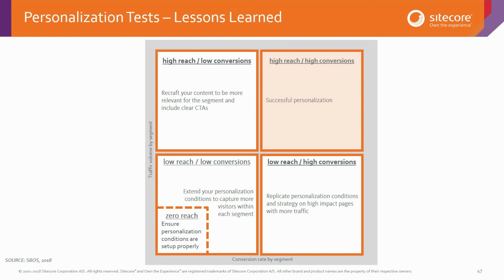You can improve imagery or call to actions. If you're getting low or zero reach, you may want to go back and check your configuration, make sure everything's published, and even extend the personalization rules, maybe cast a wider net to try to reach a larger audience.